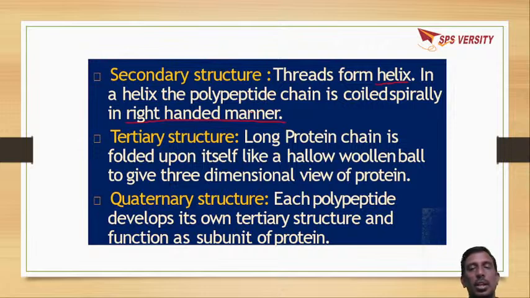Okay. Or a little more complex is called the tertiary structure, where the protein chain is folded upon itself, with more foldings. If you look at the 3-dimensional view of the protein, it looks like a hollow woolen ball.